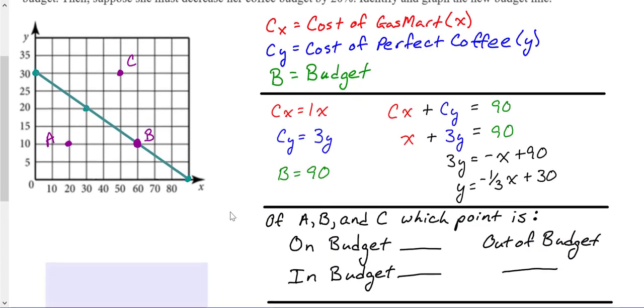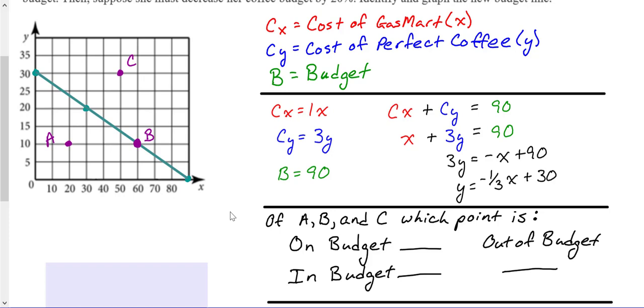So as we look at this graph that we wrote, of A, B, and C, we want to know which point is on budget, which one is in budget, and which one is out of budget. On budget means that we spent the exact amount in both places to reach our budget of $90.